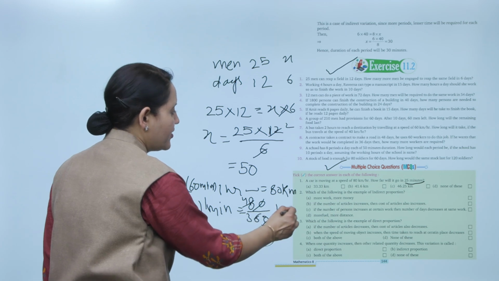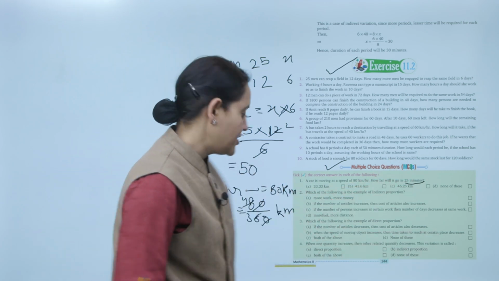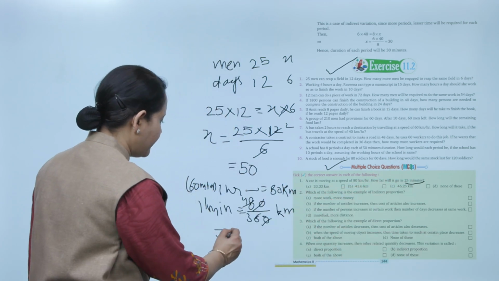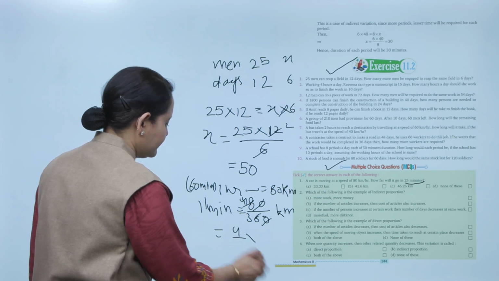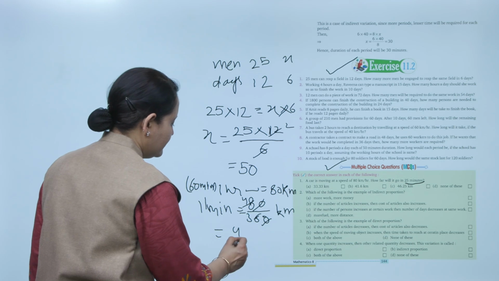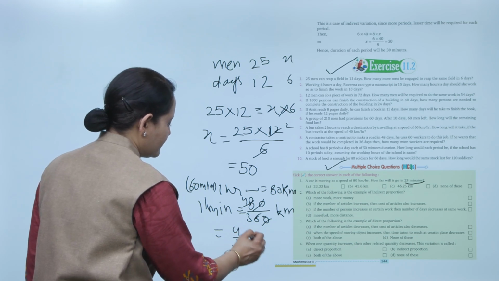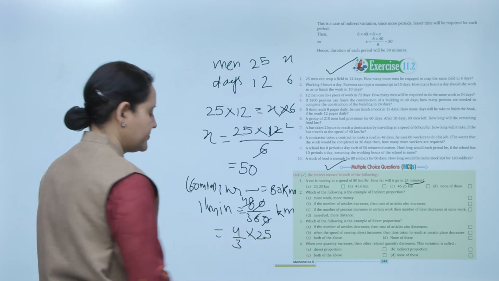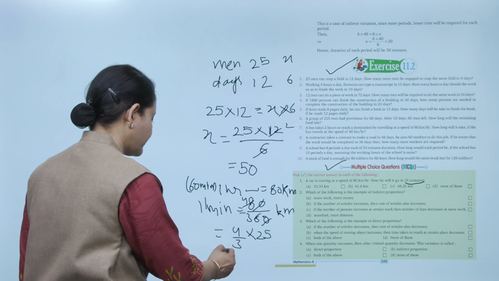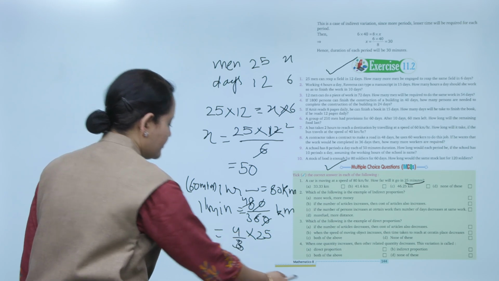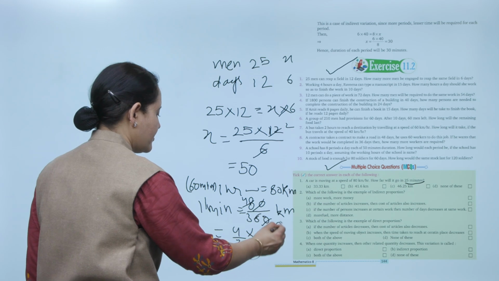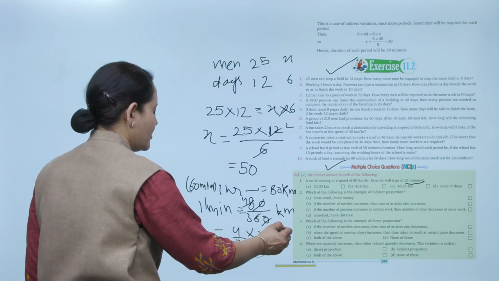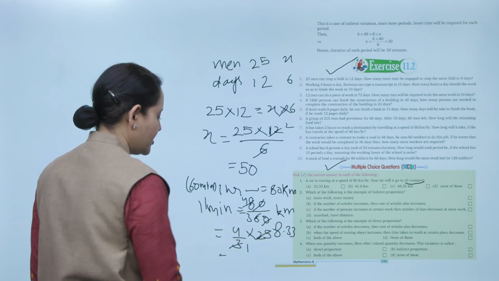4/3 km. Now we have to find in 25 minutes. So we'll multiply by 25. 4/3 multiply by 25. Clear? Three ones are 3. 8.33.